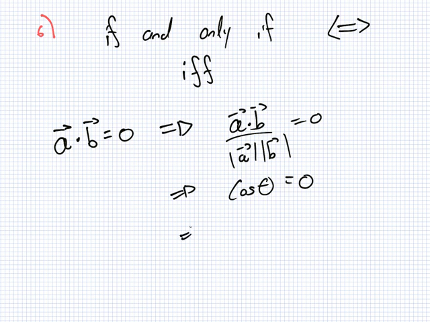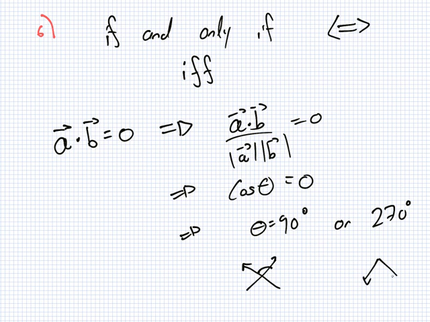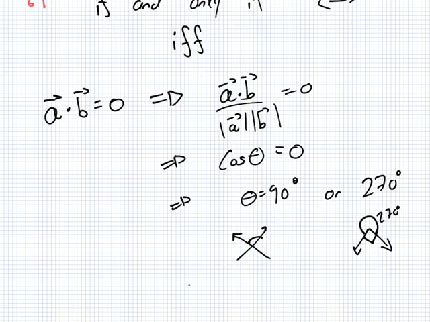Now if that's true, it means theta is 90 or 270. In both cases, whether they're 90 degrees apart or 270 degrees apart, they form right angles. So that means that A is perpendicular to B.